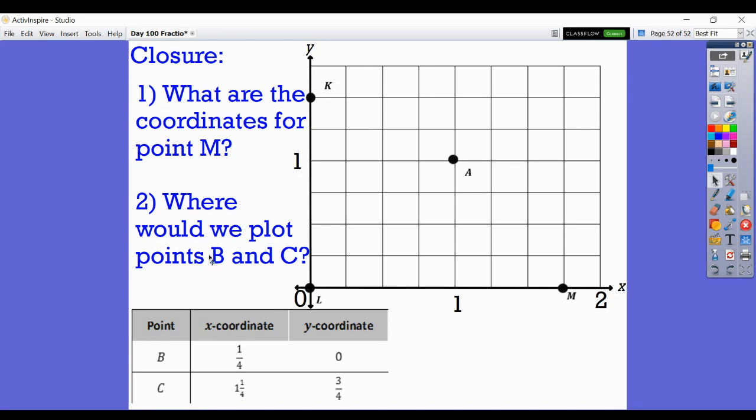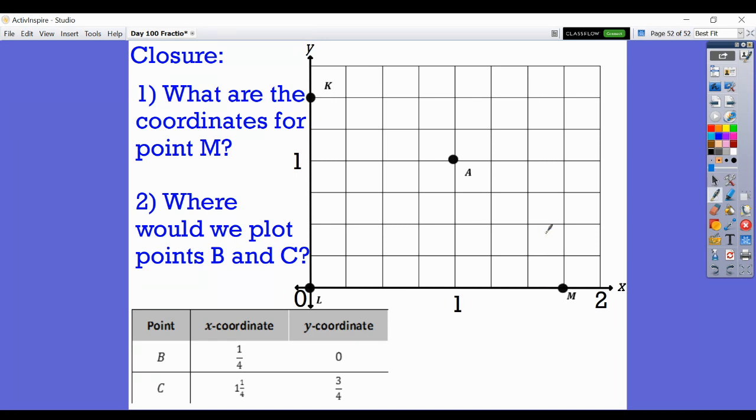What are the coordinates for point M? Well, here's point M. So the coordinates on the x-axis would be 1 and, 1, 2. See, this is in fourths, so it's 1, 2, 3, 4 whole. This would be 3 of 4, so it would be 1 and 3/4. Let me draw this in.